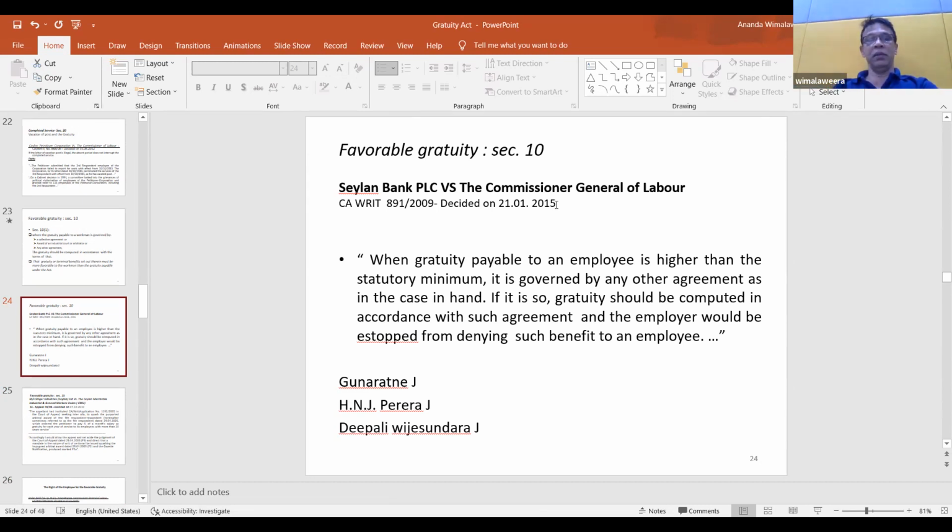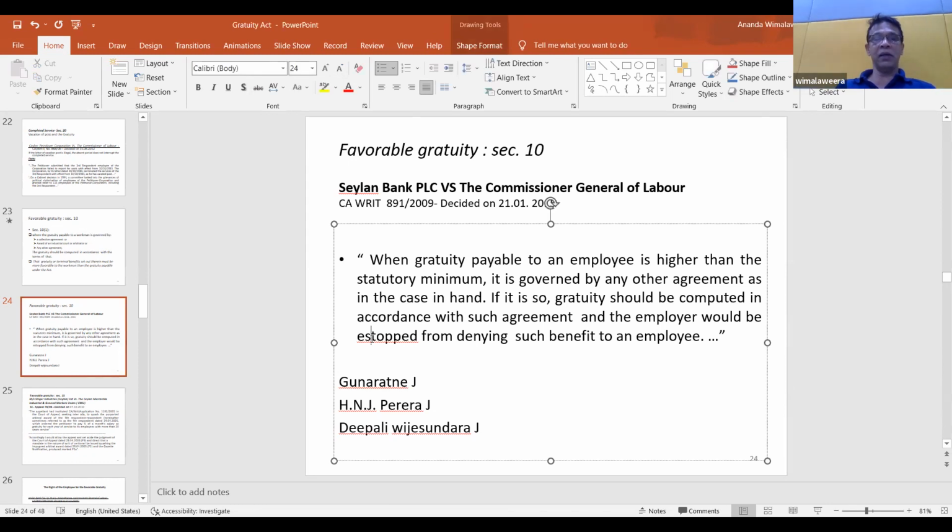What it says: when gratuity payable to an employee is higher than the statutory minimum, it is governed by any other agreement as in the case in hand. If it is so, gratuity should be computed in accordance with such agreement and the employer would be estopped from denying such benefits to an employee. So we have a court decision.